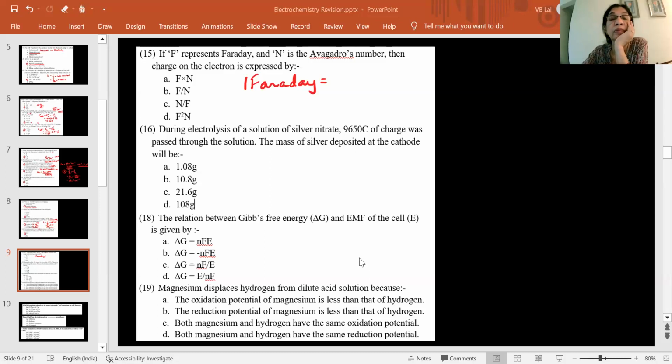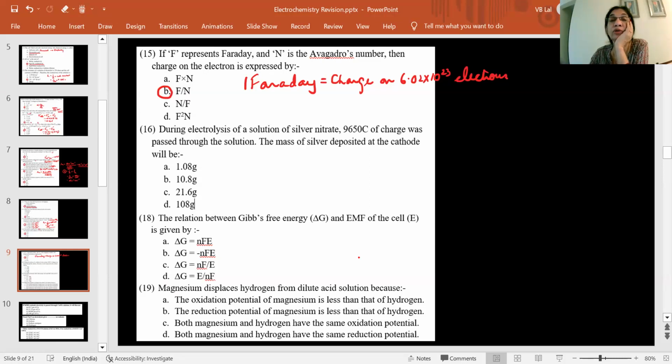What is 1 Faraday? Sanjay, what is 1 Faraday? Answer is F by N. Okay, Faraday is what? Charge on 6.02 into 10 raised to 23 electrons, right?